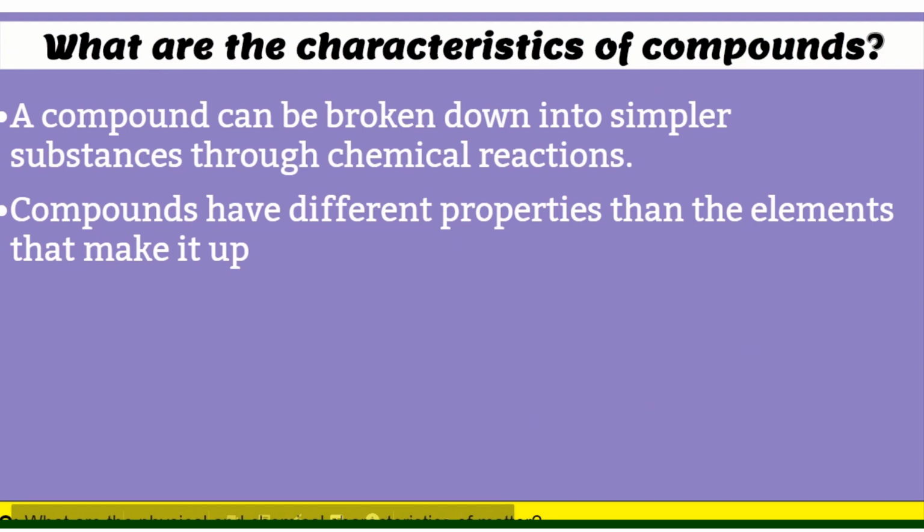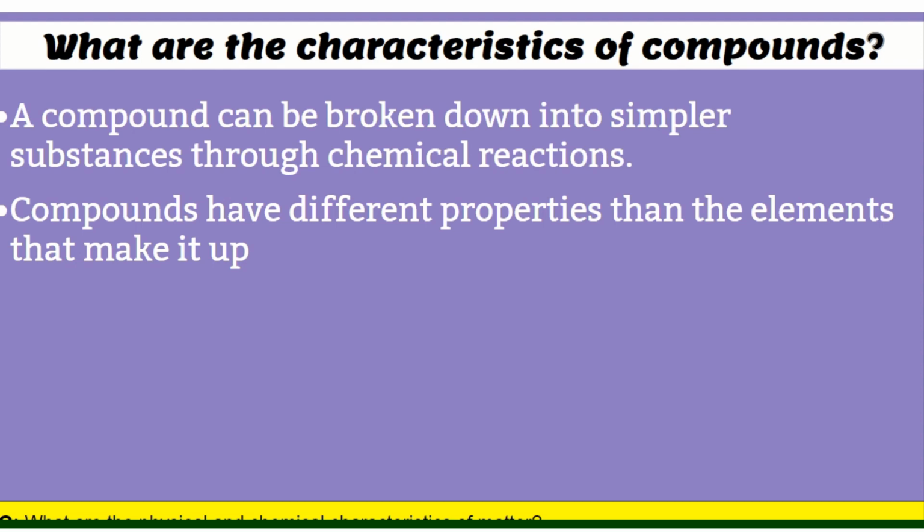Compounds can be broken down into simpler substances through chemical reactions. Some are harder to undo than others. Compounds have different properties than the elements that make them up. Once they bind together, they change into something new, kind of like water.